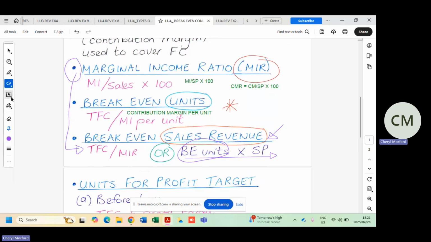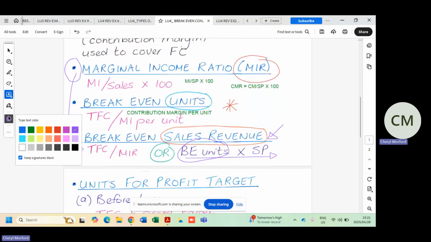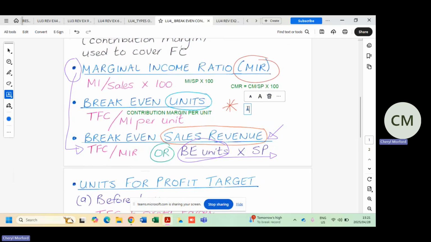And that gets me to a very important point. Sorry, it slipped my mind. We must make sure that when we do our break-even units, no matter what, we always round up.